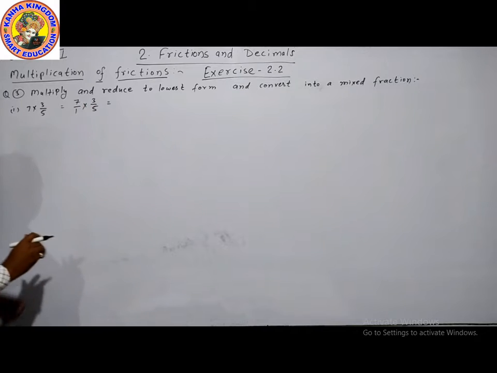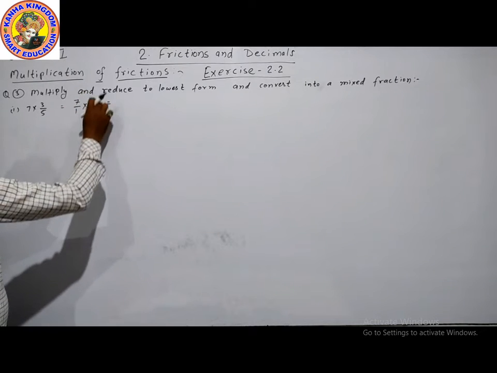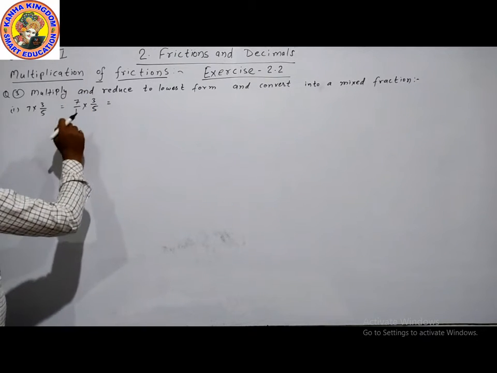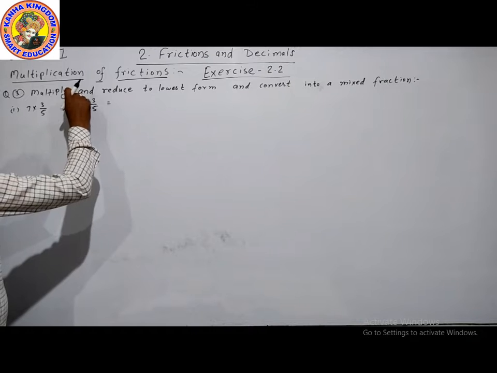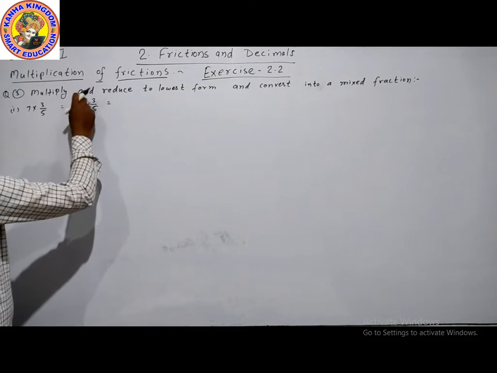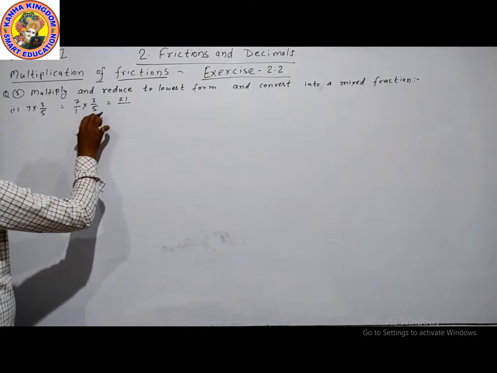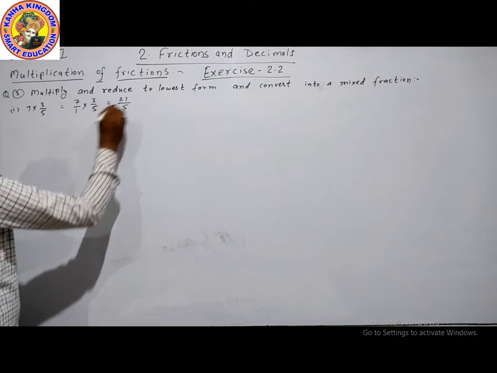Then when we multiply, there is no common factor in this question, so we multiply numerator and denominator. In numerator 7 into 3 is 21. In denominator 1 into 5 is 5.